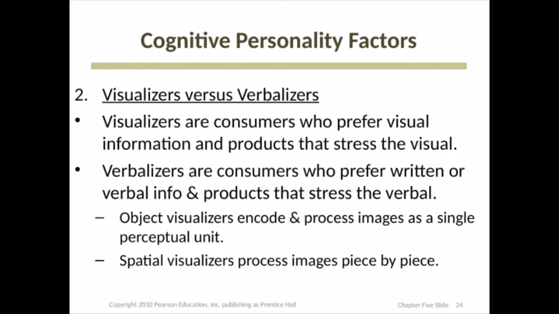Okay, the other one is verbalizers. Verbalizers are those consumers who prefer written or verbal information. And this also affects how people respond to advertisements. For example, visualizers, who prefer visual information, prefer membership in a video club.